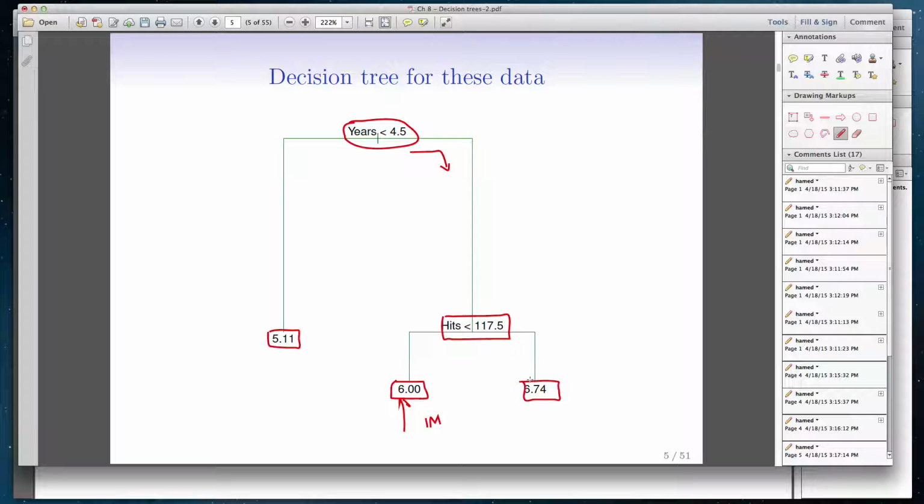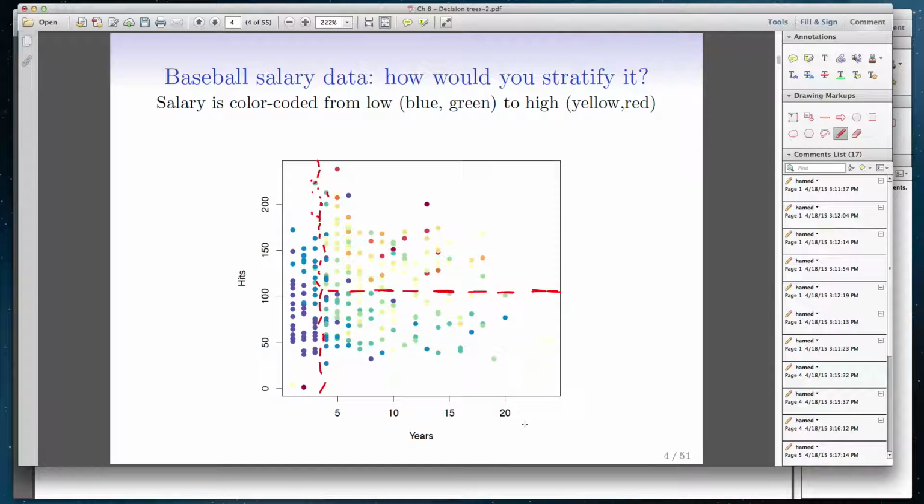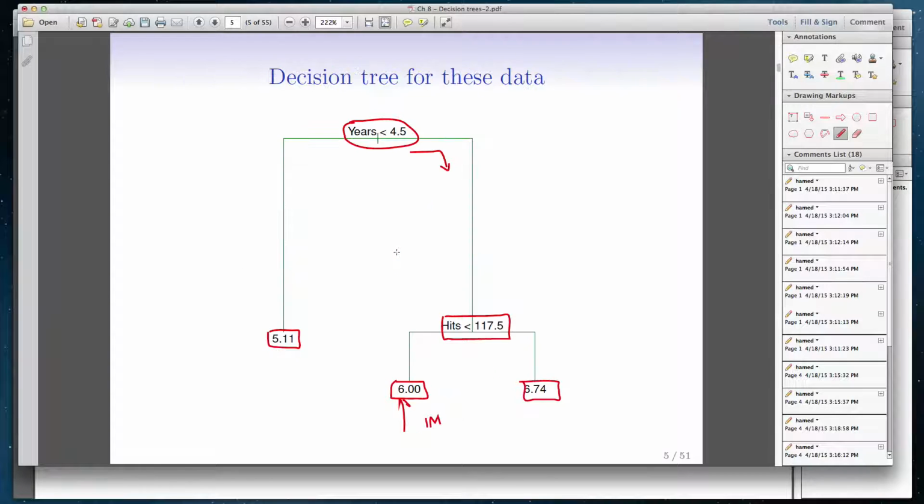So if you can remember from this, we had 3 regions. Let me call it region 1, region 2, and region 3. So these 3 regions are represented by these nodes. This represents R1, this represents R2, and this one is R3.